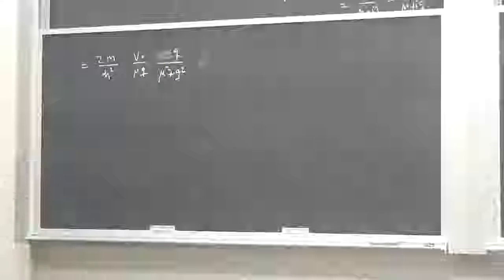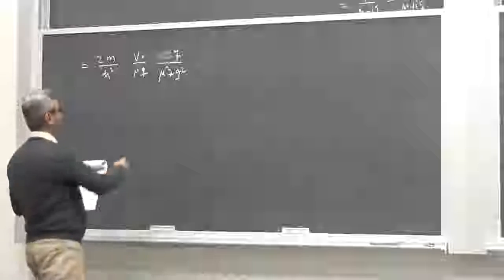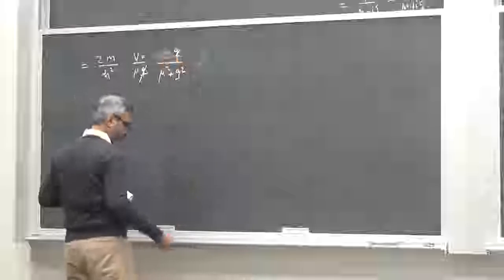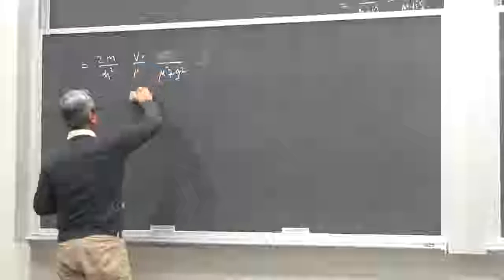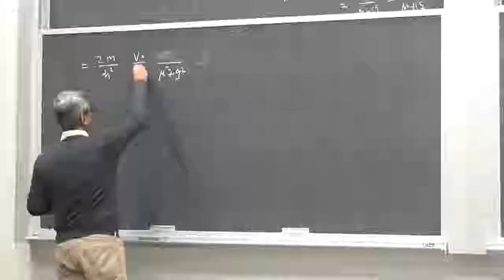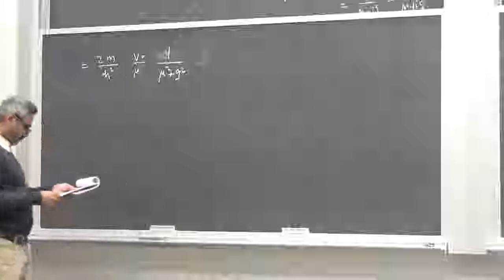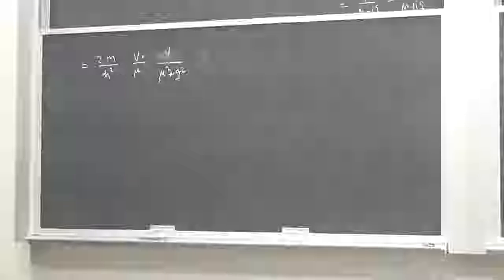So that's what you get: 2m v naught mu over h cut squared. Oh, so q also cancels. So that's your answer.